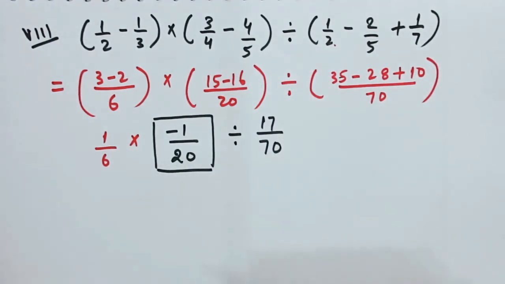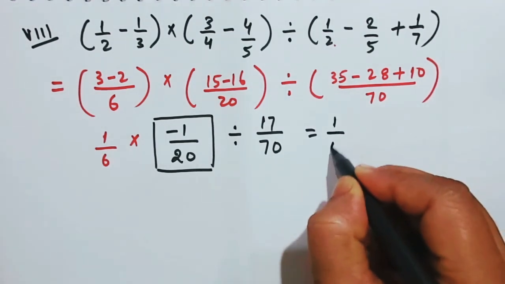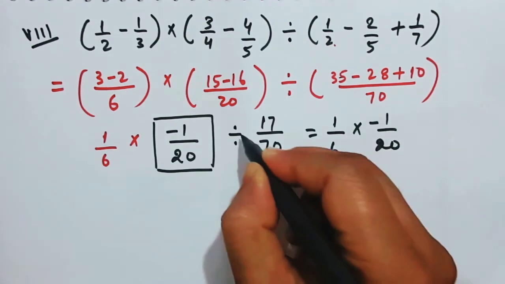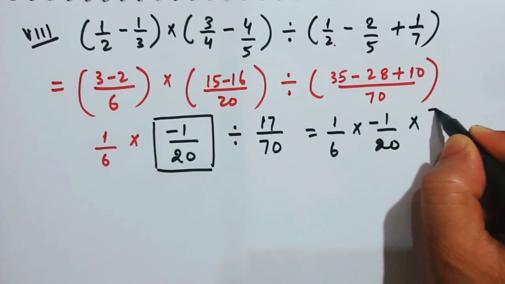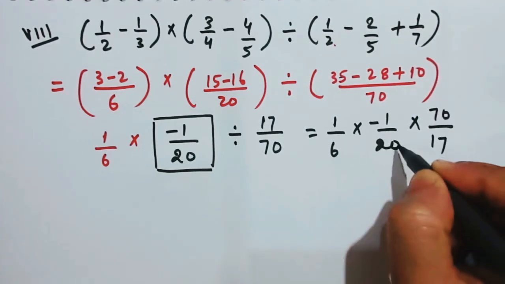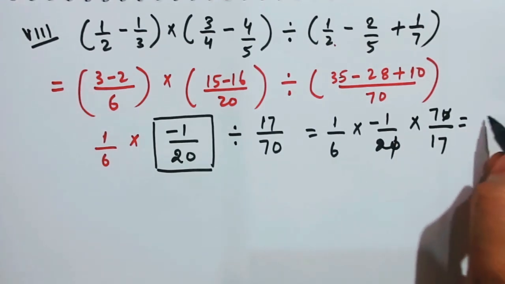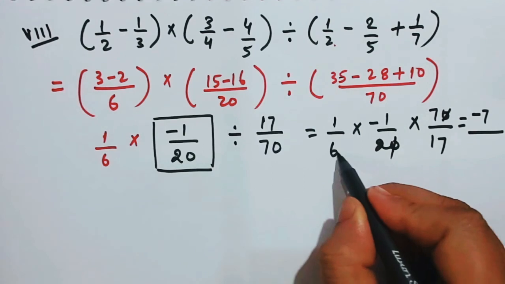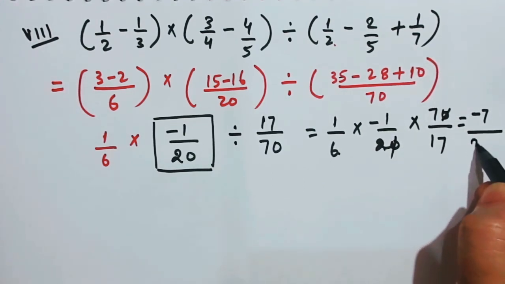Now let us convert this in the form 1 by 6 times minus 1 by 20. Division should be changed into multiplication, multiplied by 70 by 17. Oh, this will give you how much? Minus 7 by 6 into 2 into 17 will be equal to 204.